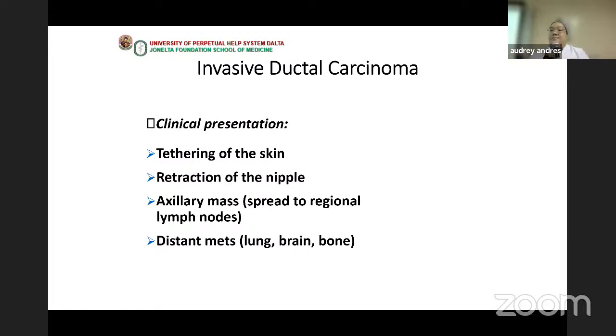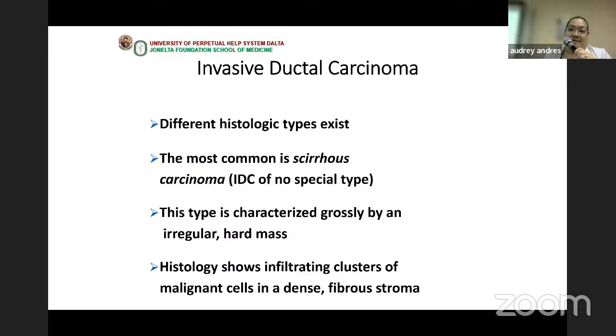So the dimpling would present with tenderness of the skin, nipple retraction, your axillary mass, and remember this, metastasis goes to the lung, brain, and bone. You will see later in lobular carcinoma, it will metastasize to different areas.